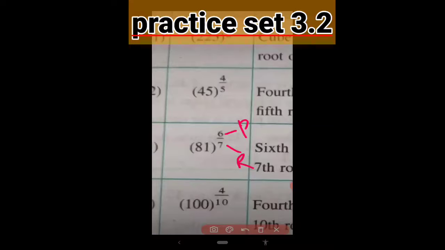This is power of the root. And other than this, the seventh root of the sixth power of 81.